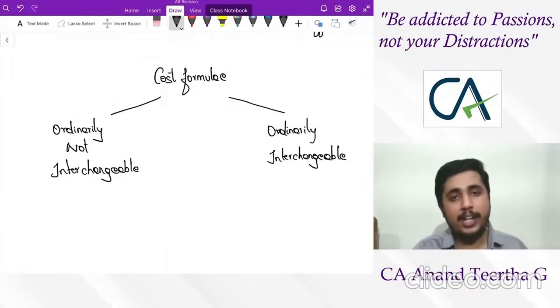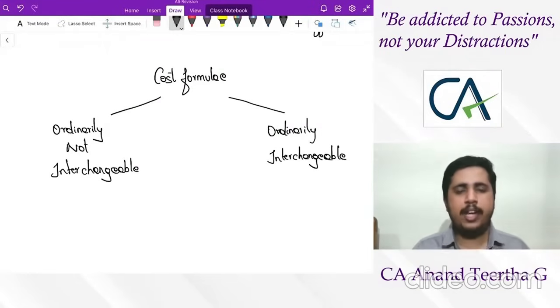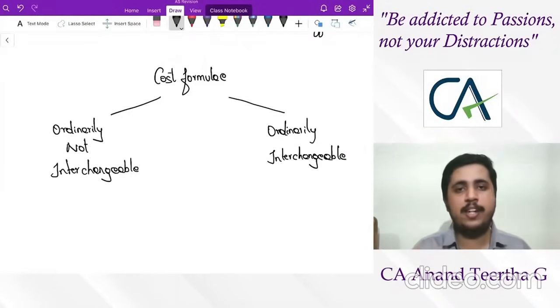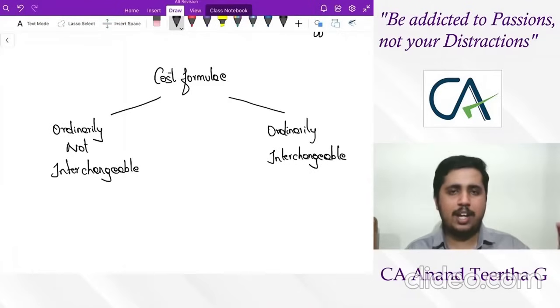It became ordinarily interchangeable. However, another example: there is an i10 car which a particular person wants to purchase. That person came to the showroom. Even though the i10 car has the same specification, same model, everything the same, still each car is denoted by an engine number and a chassis number. Even though there are two identical cars, the engine number is different.